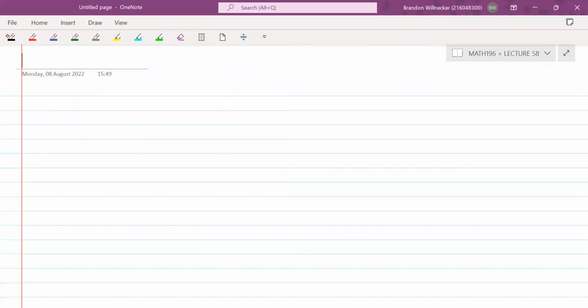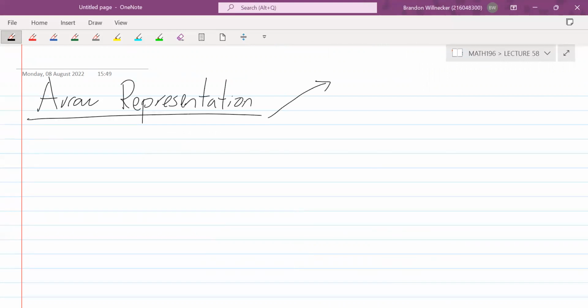Okay, so let's look at the arrow representation. So let's work in R2.